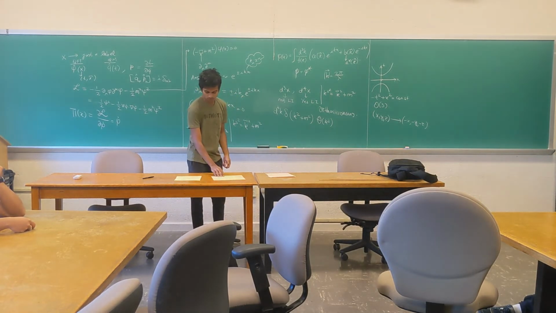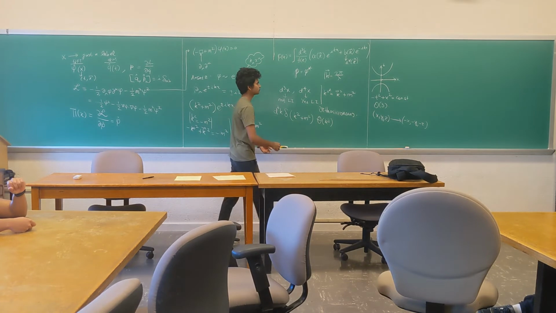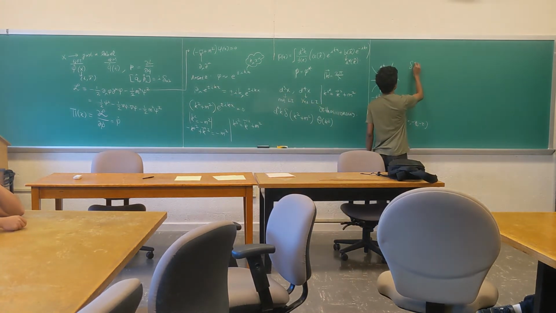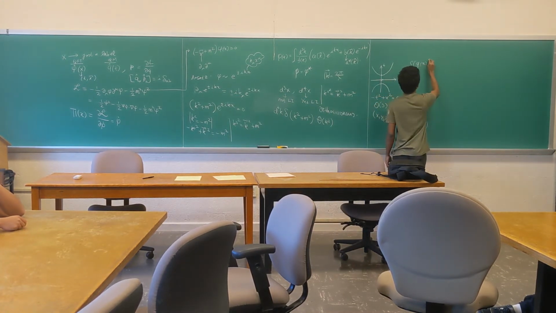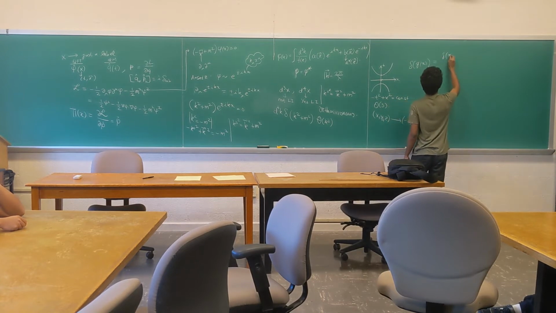We use the delta function rule. Delta function of a function, x minus x naught, by a constant value.